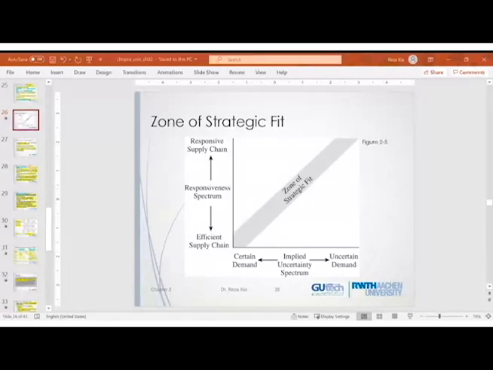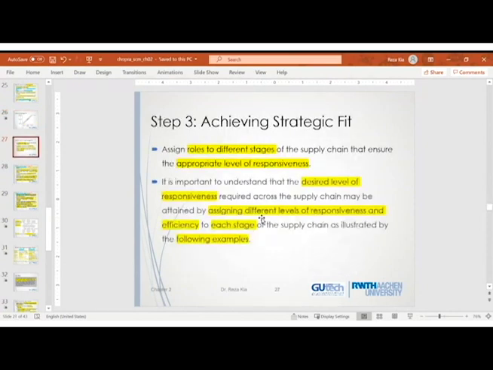Okay, let me continue. So that was the last part of our discussion in yesterday's class. This is the idea that in your supply chain, you have different stages, and in each stage, you should come up with an appropriate level of responsiveness or efficiency. We will have some examples in the next slides.